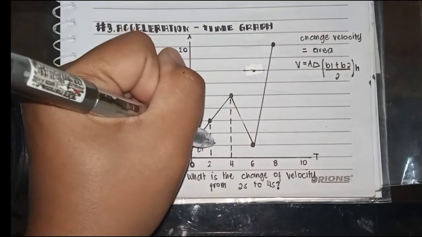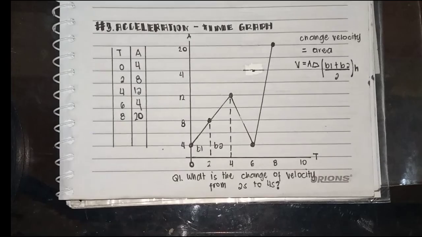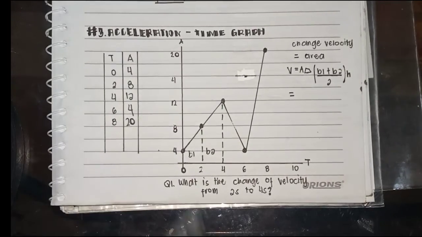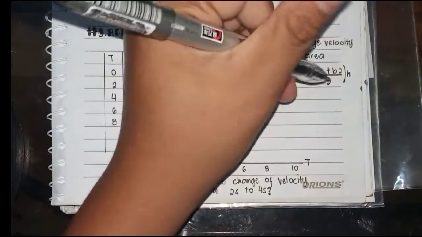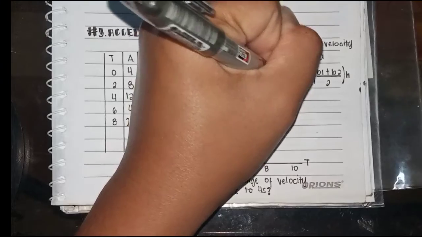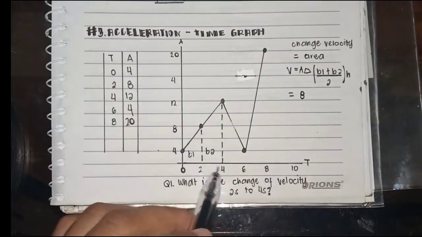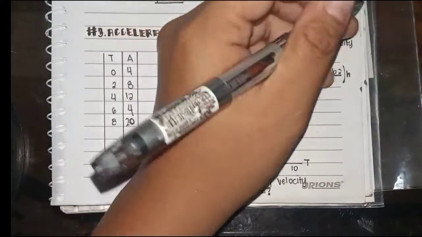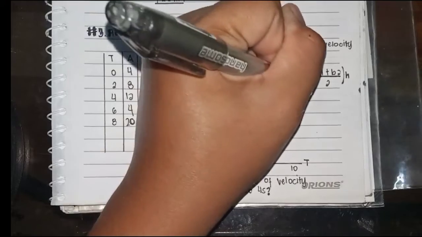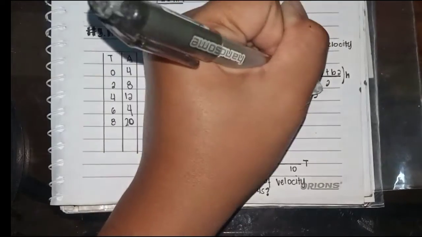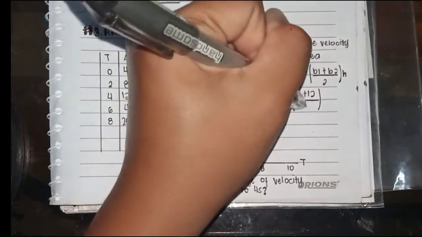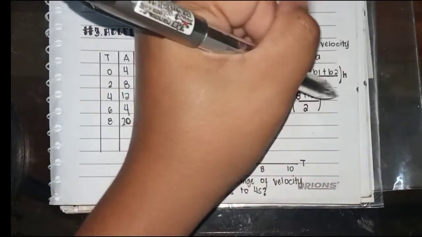Our base 1 here is 8 plus base 2, which is 12, over 2 times 2.